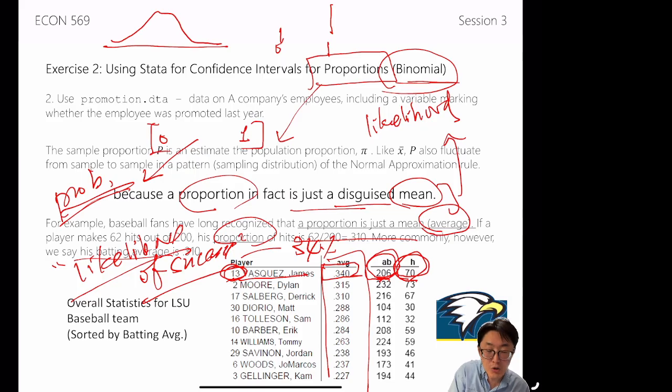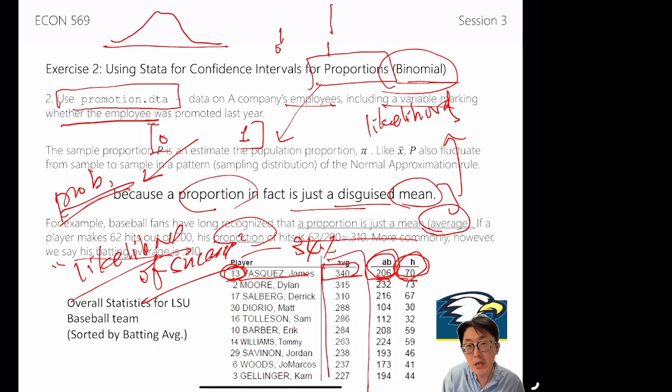So let's take a look at your promotion.dta data. This is data on the company's employees, including a variable marking whether employees were promoted last year. So how many employees were actually promoted? Based on this information, we are trying to infer the likelihood of new promotion this year.